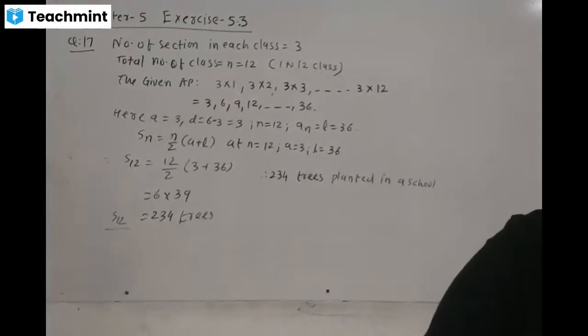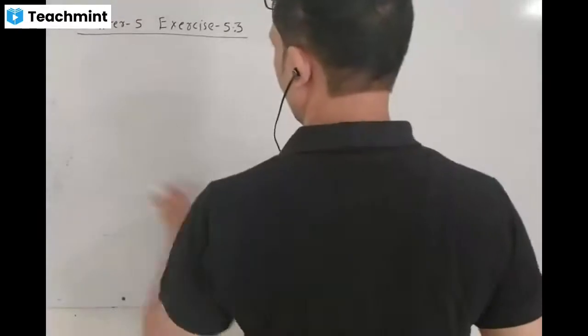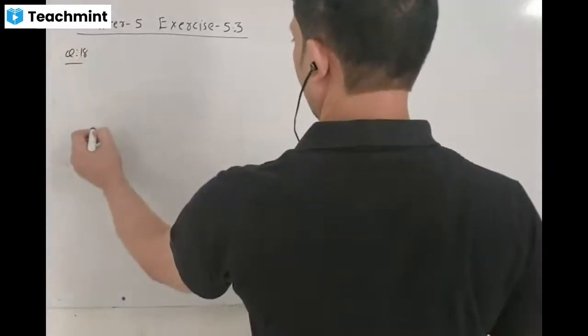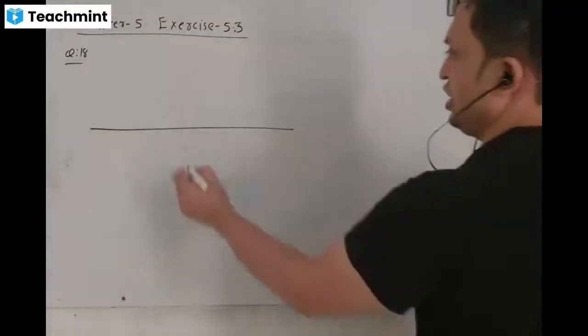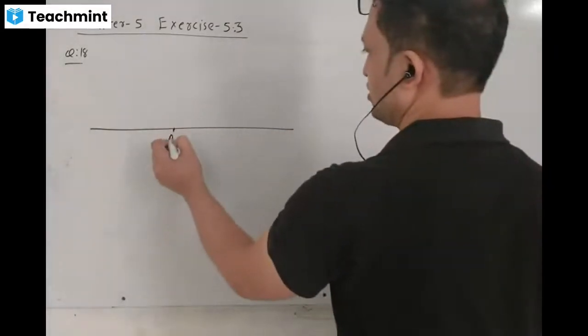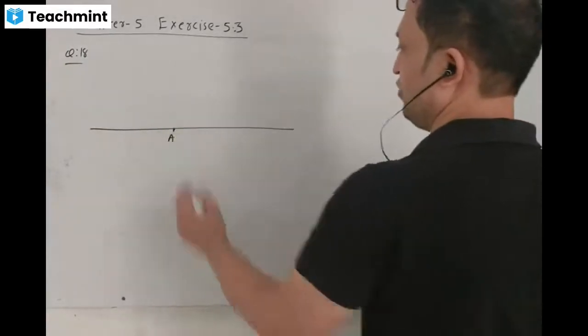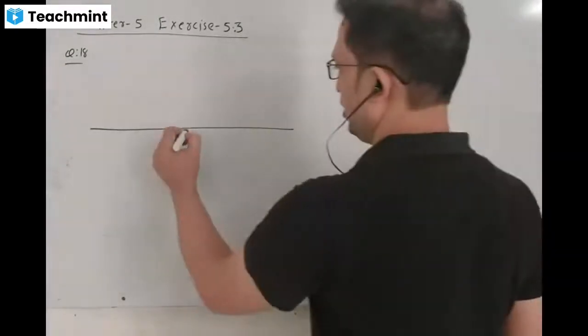Question number 18. That is a straight line, and A is a center of the circle, semicircles. A is a center. Draw a semicircle with radius 0.5 centimeter.